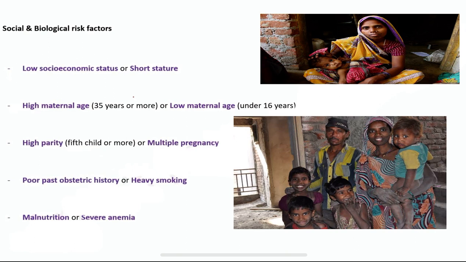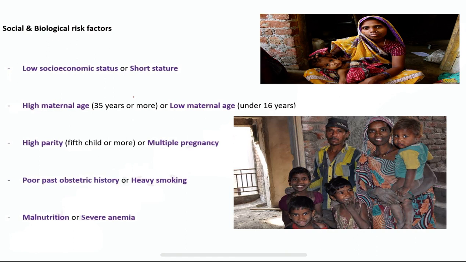They can result in high maternal mortality along with perinatal mortality, that is, stillbirths plus early neonatal deaths. Maternal mortality is also increased because of these factors, because they have the greatest impact on perinatal mortality.